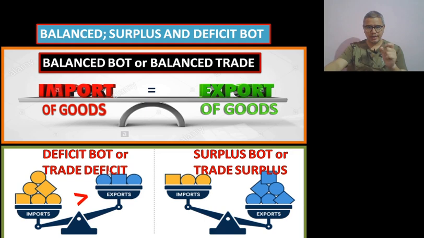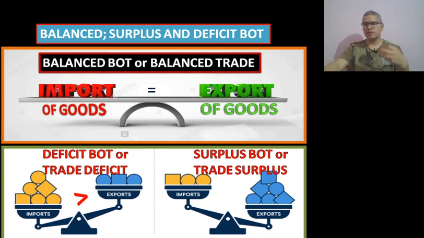Remember, the value of imports of goods is greater than the value of exports of goods. Whatever goods we are exporting, if the monetary amount we get from exporting is less than the amount we spend on imports, then it is known as trade deficit or deficit balance of trade.